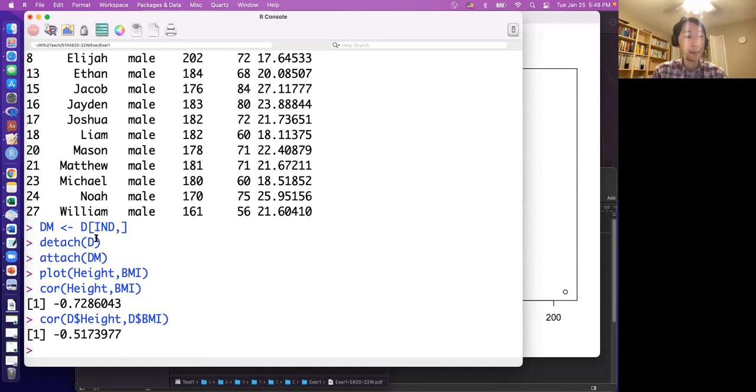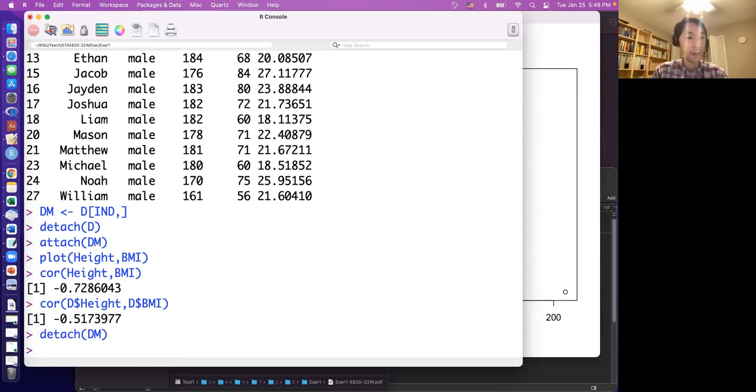So we can define an indicator variable for female. Now that we attached this, it's complicated, so maybe we detach DM just in case.